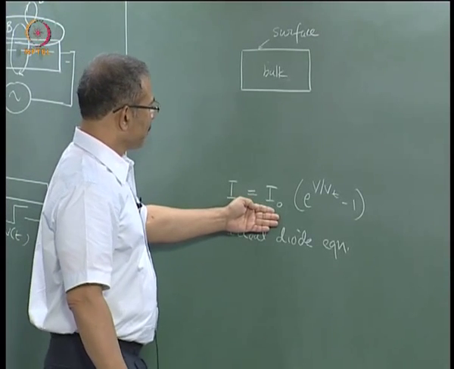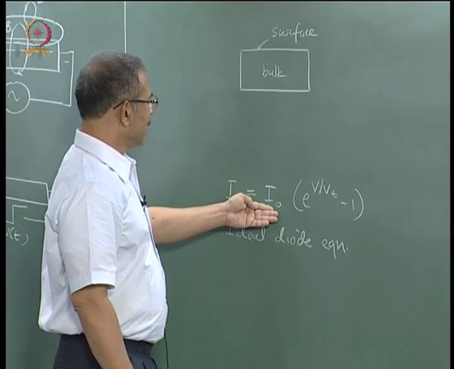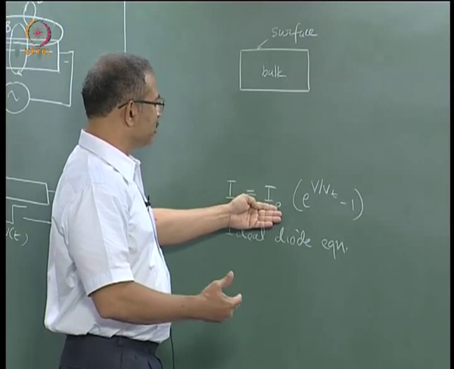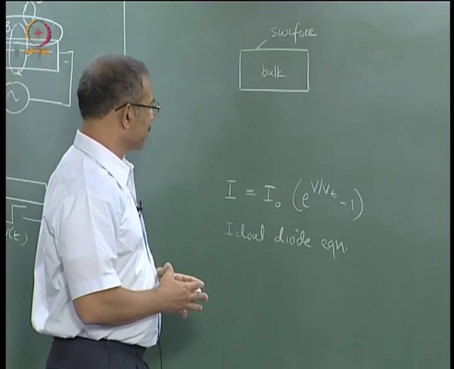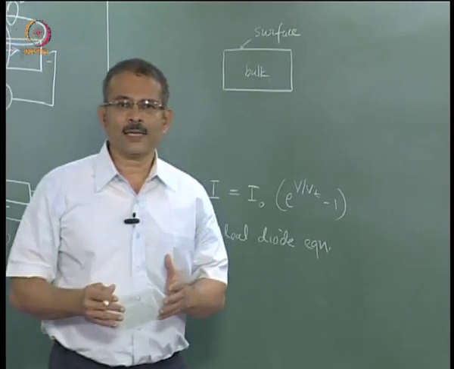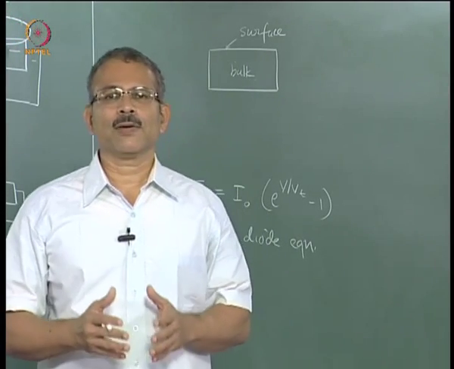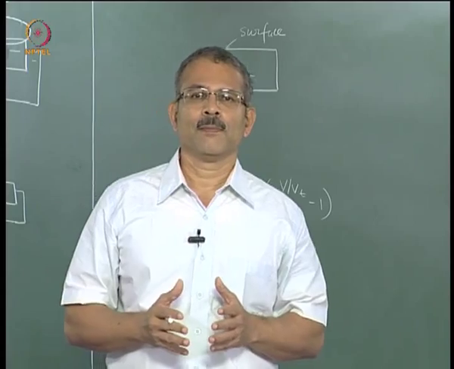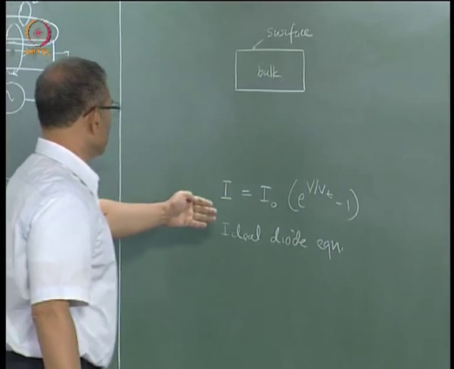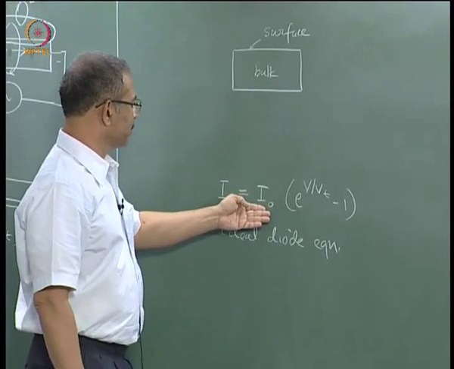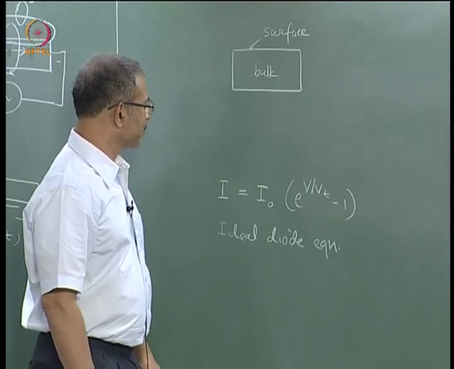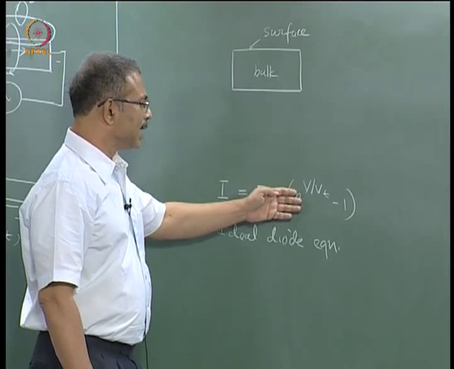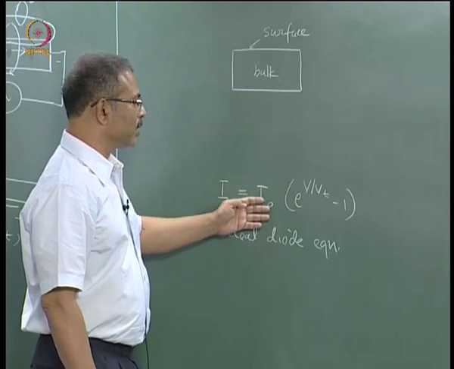One thing I could do is use a calculator that gives me values to second, third, fourth, fifth, sixth decimal places. Now would that give me an accurate result? No, because this is an ideal model and does not take into account all the effects. For example, it does not take into account the series resistance effect. Similarly, there are other phenomena present in a real diode which this does not take into account.